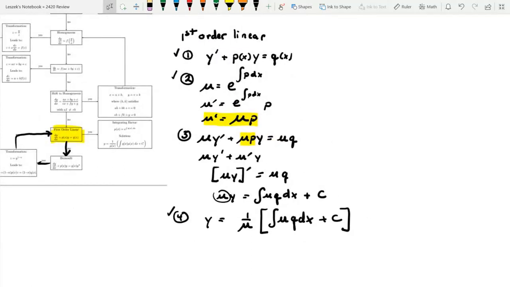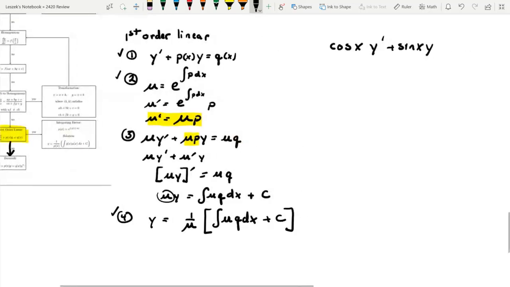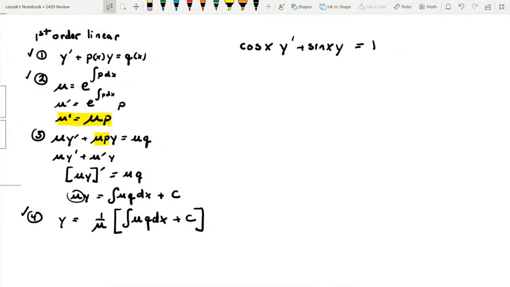All right, so here is a simple example. So we have cosine x y prime plus sine x y equals 1. So this is not in conventional form because y prime doesn't have a coefficient of 1.